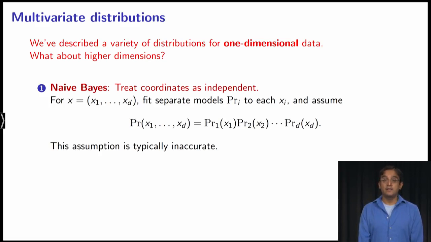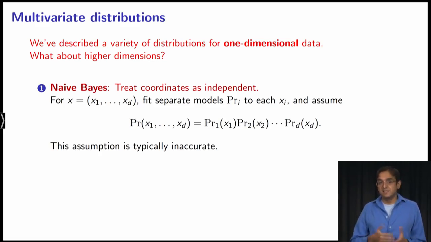If x1 is arbitrary real values, we can fit a Gaussian to it. If x2 consists of integer counts, we can fit a Poisson to it. If x3 happens to lie in a fixed interval, we can fit a beta distribution to it. So in this way, we fit a distribution to each individual coordinate. And now, when we want the probability of the entire vector x, we just take the one-dimensional probability of x1 times the one-dimensional probability of x2 times the one-dimensional probability of x3 all the way to the one-dimensional probability of the last coordinate x sub d.